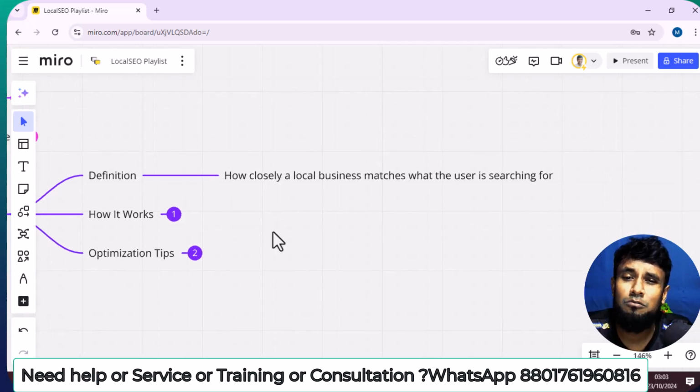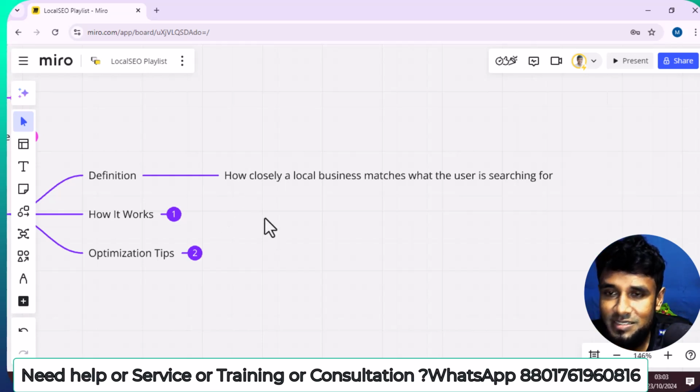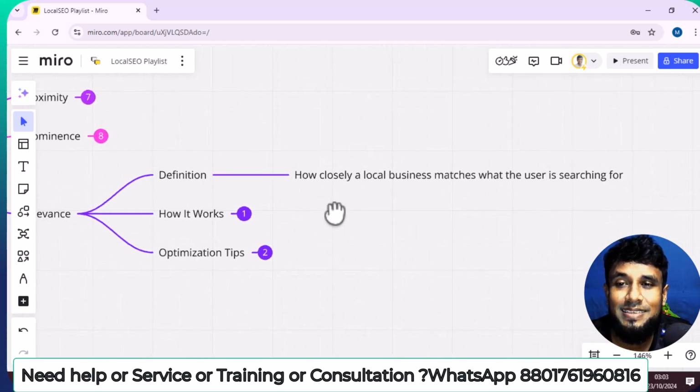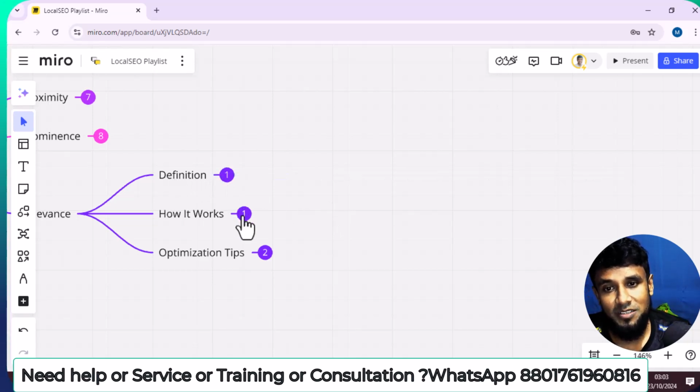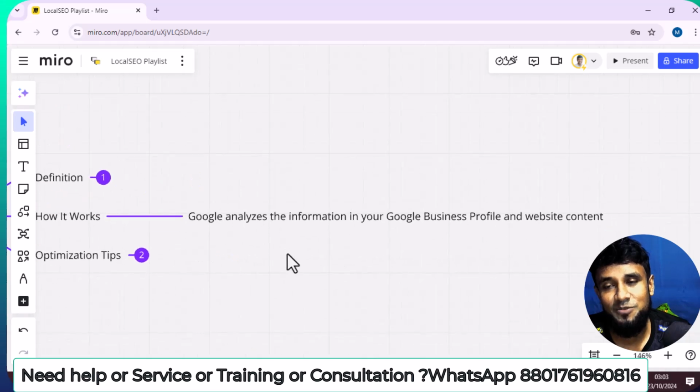Definition: how closely a local business matches what the user is searching for. That means you have to maintain relevancy. It is common for local issues and international issues. So maintain relevance on your business. And how it works: Google analyzes information on your Google business profile and content.